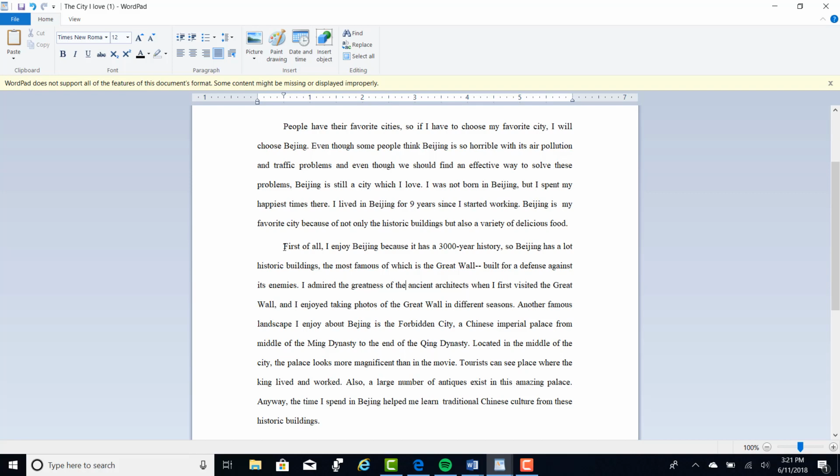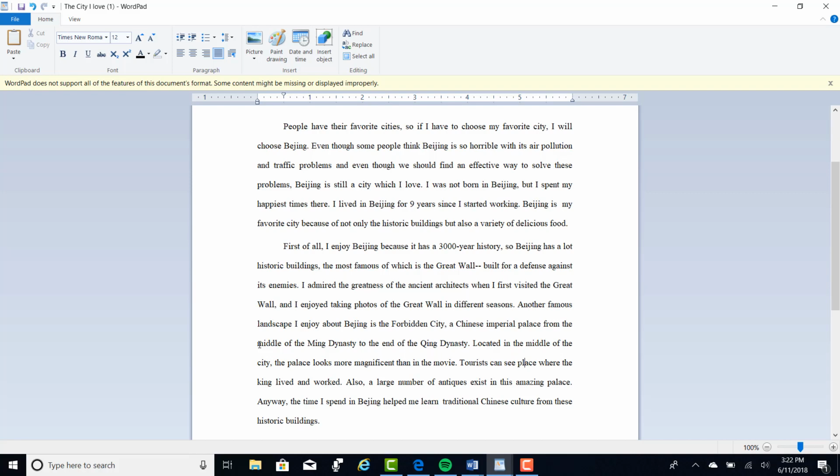Another famous landscape I enjoy about Beijing is the Forbidden City, a Chinese imperial palace from the middle of the Ming Dynasty to the end of the Qing Dynasty. Located in the middle of the city, the palace looks more magnificent than in the movie.